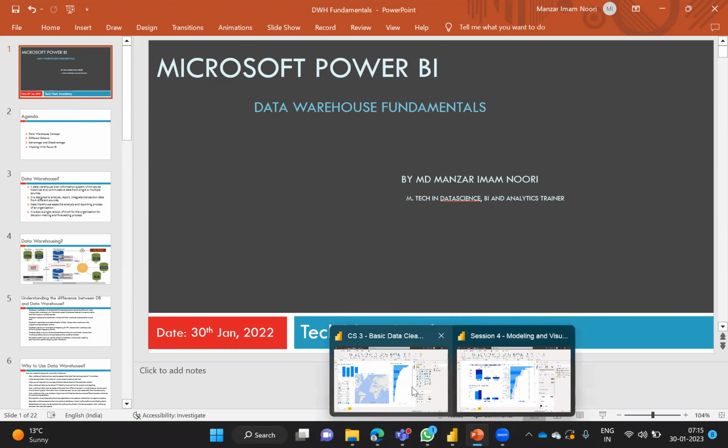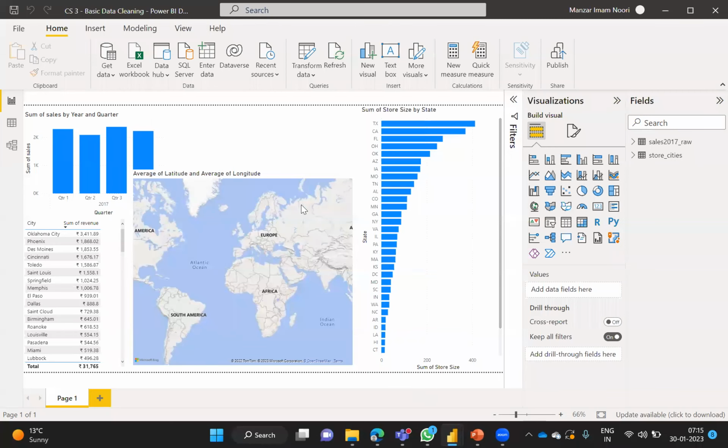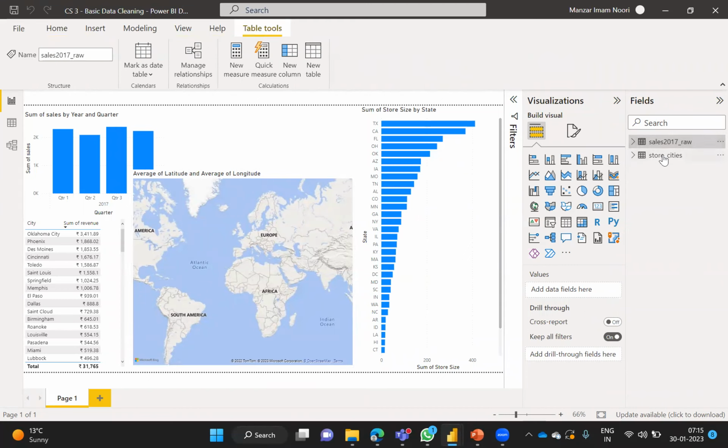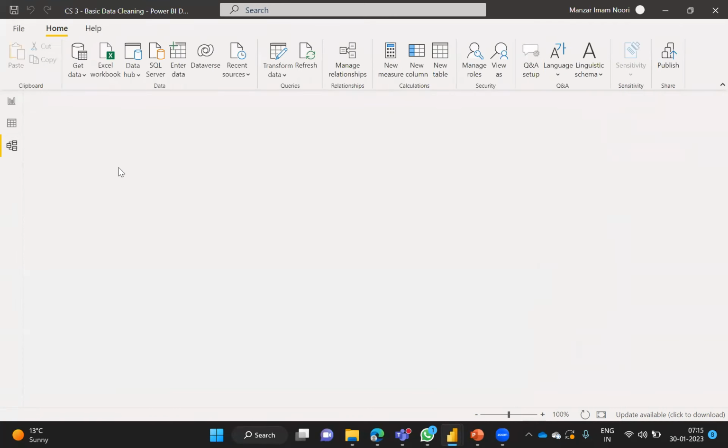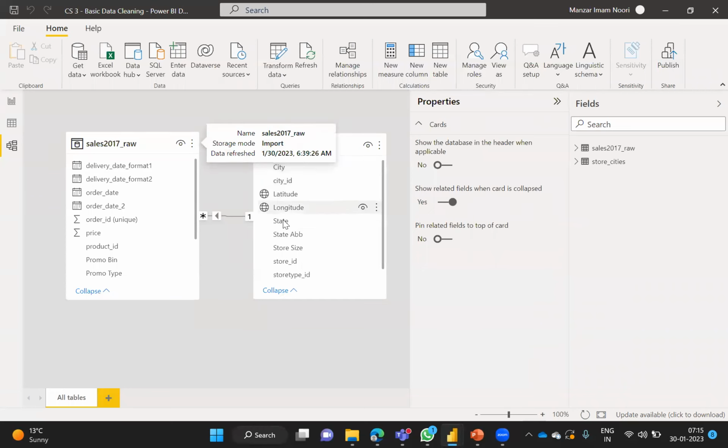We did see before that to get data from two different sources, two different tables, we have to join these tables. So what are the different effective ways?